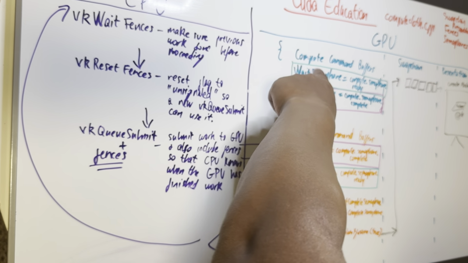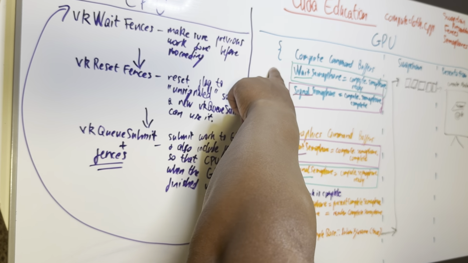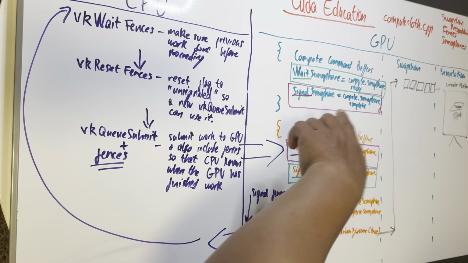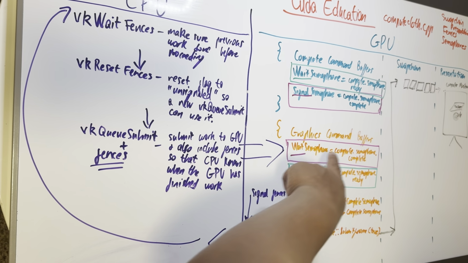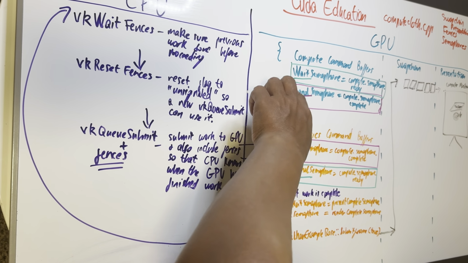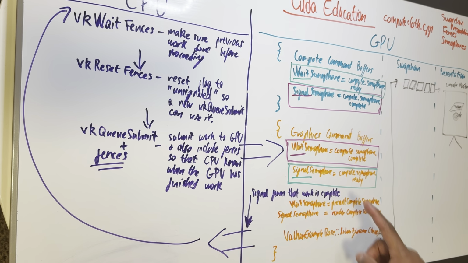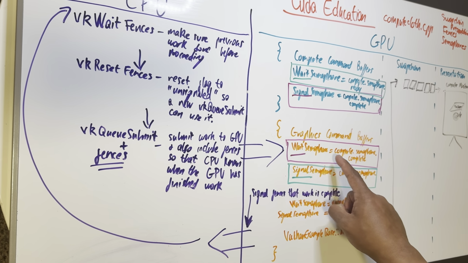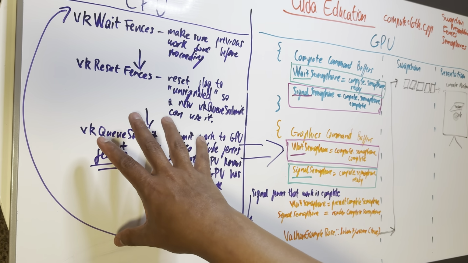So compute starts, and once compute has clearance that it can proceed, it does its work, and then it signals that it's complete. That signaling that it's complete is what the graphics command buffer is waiting on. Remember we're dealing with semaphores now, not fences.